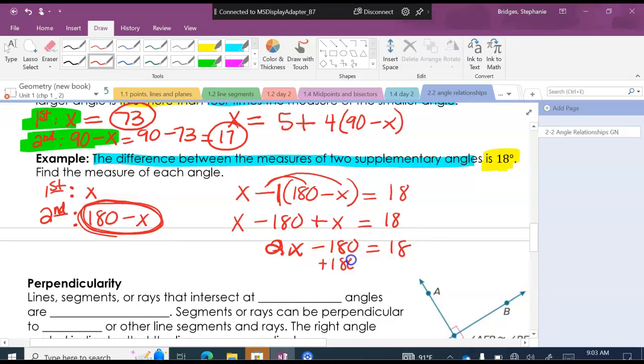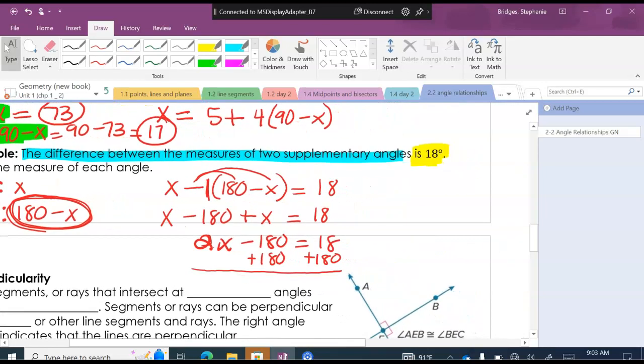We're going to add 180 over. Sorry, I'm running out of room over here. That's going to give me 2x equals, what is that, 198? We're going to divide both sides by 2.